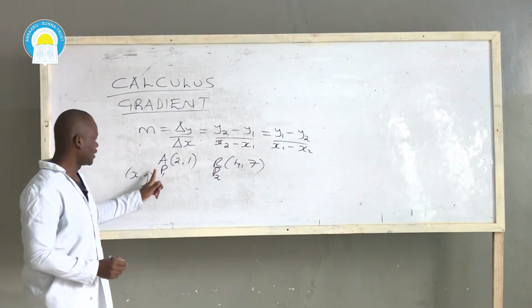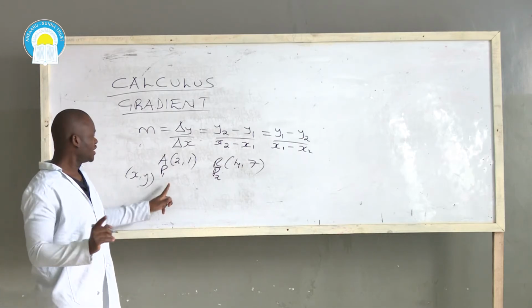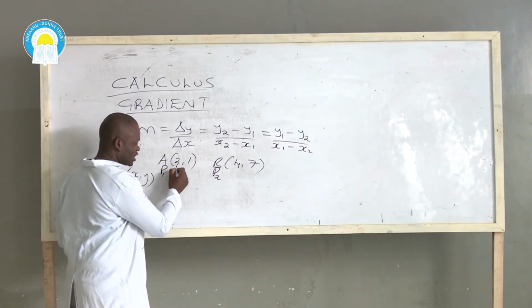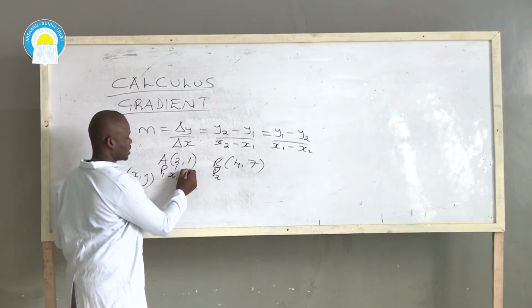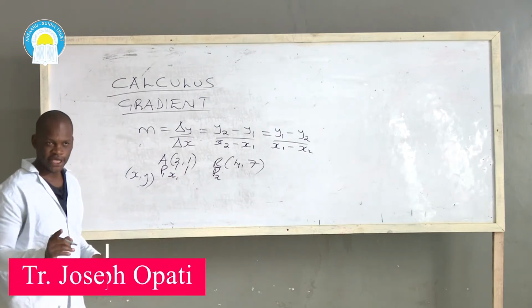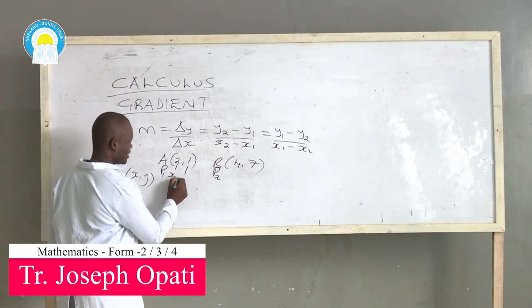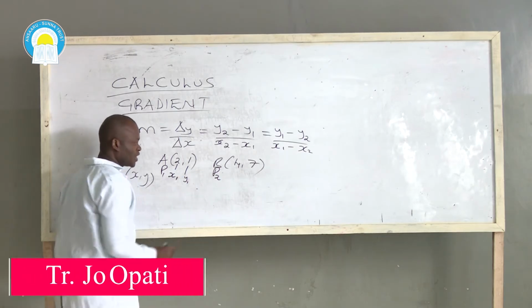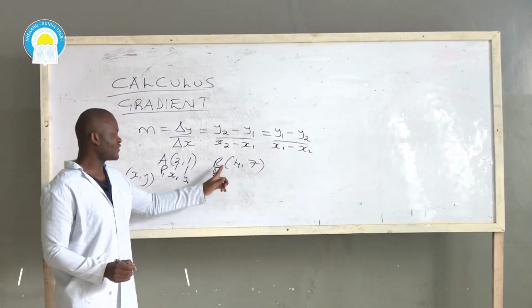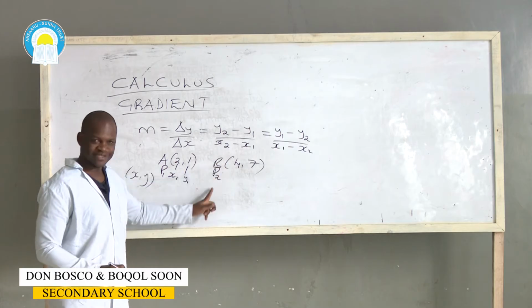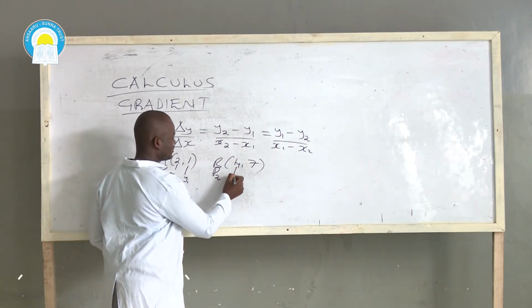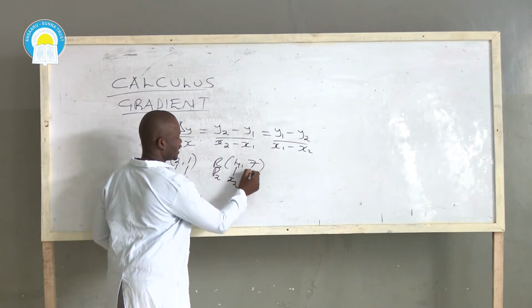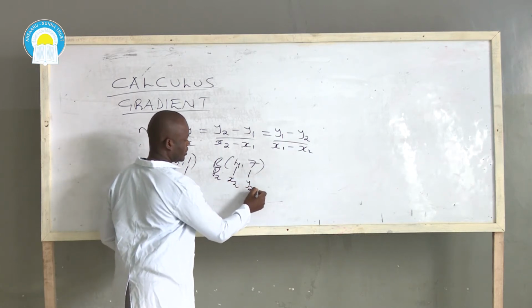If point A is point 1, the x value of point A becomes our x1 and the y value of point A becomes our y1. Having labeled point B as point 2, the x value of B is x2 and the y value of B is y2.